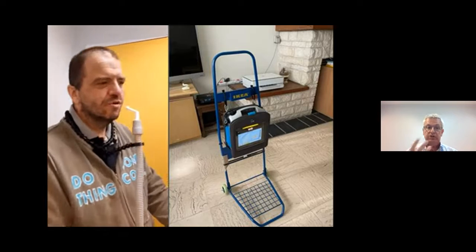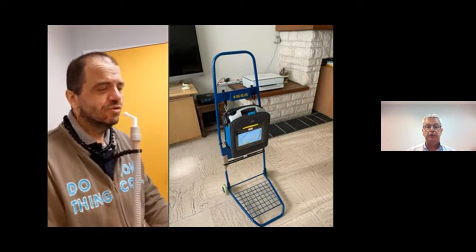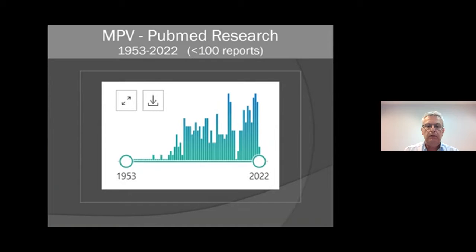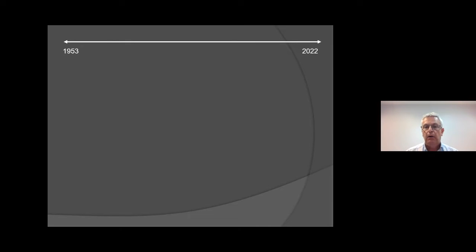This is not like the nasal mask, where the patient is passive and has to take the air always from the nasal mask. When we look at the history of mouthpiece, I made some PubMed research from 1953 until this year, and you can see different periods. The first period is until 1986.